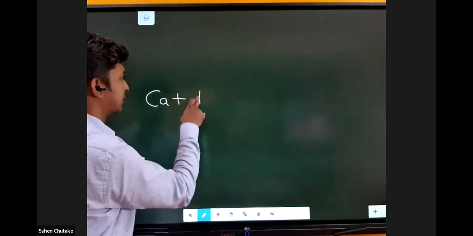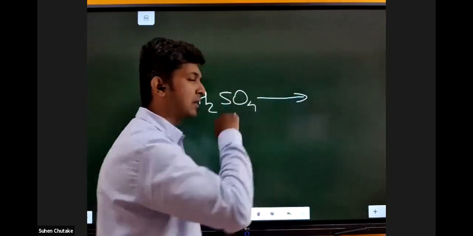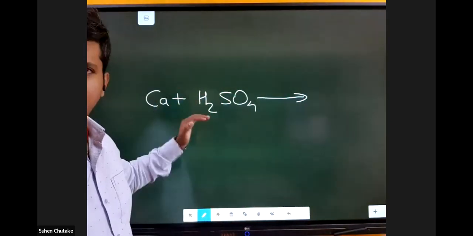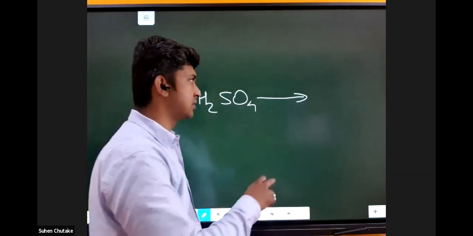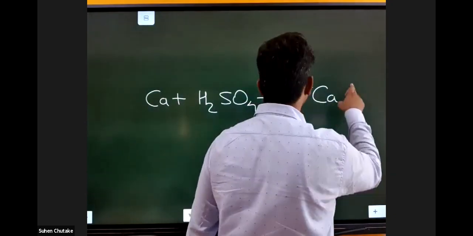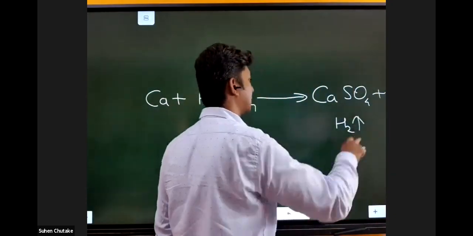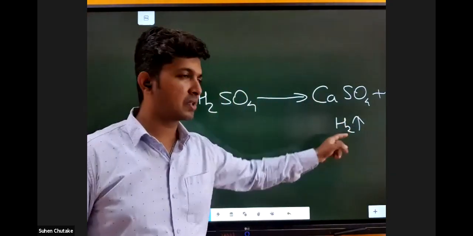So, calcium plus H2SO4. You can see in the activity series that calcium is placed way above hydrogen. So calcium will definitely be able to displace hydrogen, and you will get calcium sulfate. Calcium is displacing hydrogen, that's why you are getting hydrogen gas.